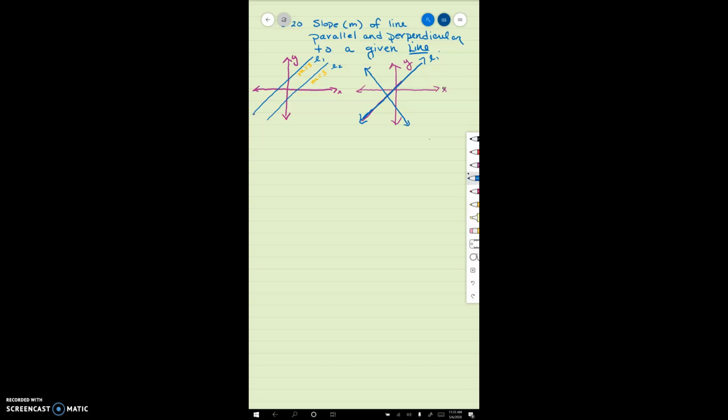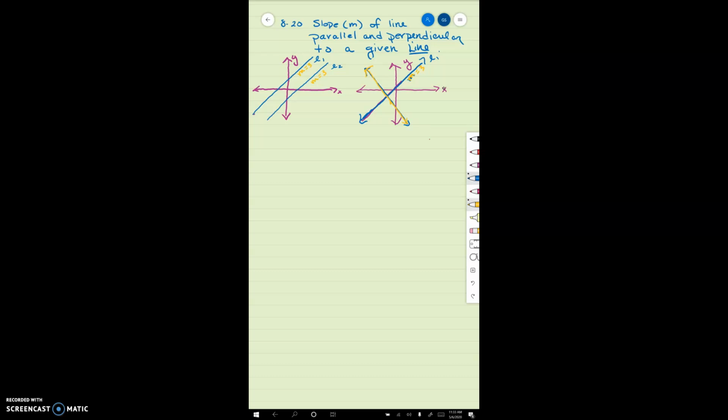Now, we're going to say the slope of the given line is 3, just like the other problem. Now this other line here, the line that's perpendicular, I'm going to put it in yellow. It can't have the same slope because look, one slope is positive and one slope is negative.